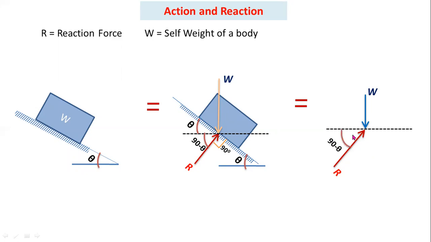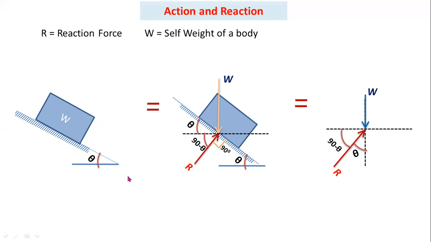This reaction force makes an angle 90 minus theta with respect to horizontal, or this reaction force also makes an angle theta with respect to the vertical axis. So this is the free body diagram for this case.